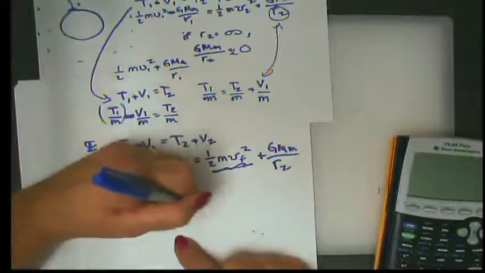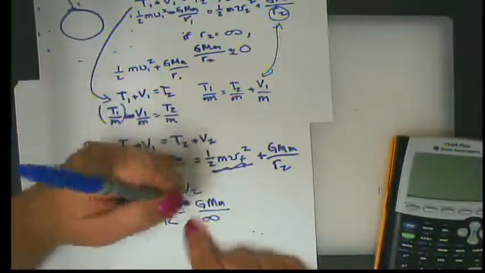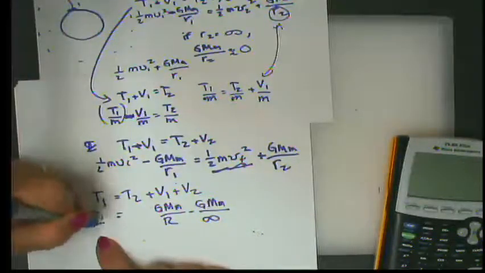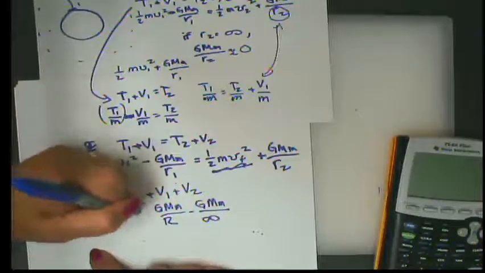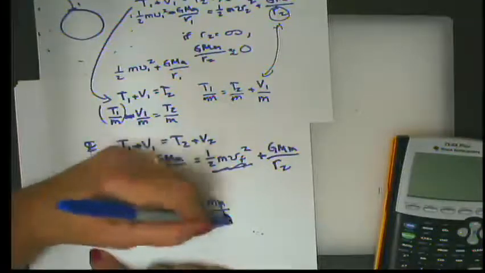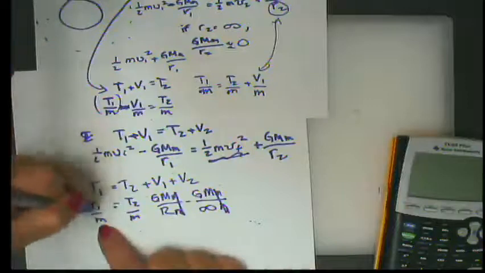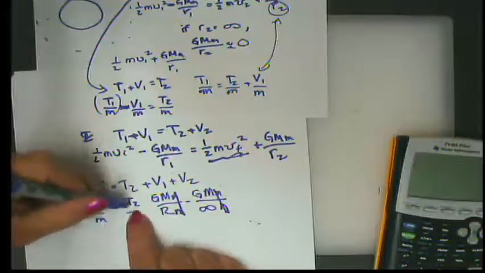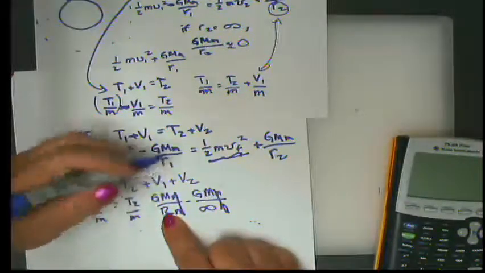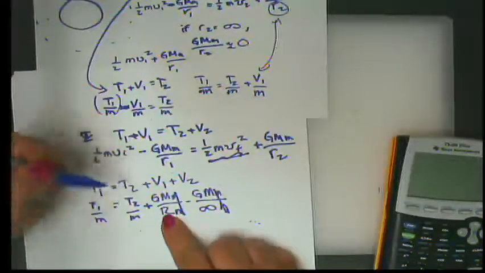And this is going to be GMM over infinity. All right, now if I take each one of these at this point and divide it by mass, this goes away and this goes away. And I end up with T1 over m equals T2 over m plus GM, capital M, which is the mass of the Earth, over r.